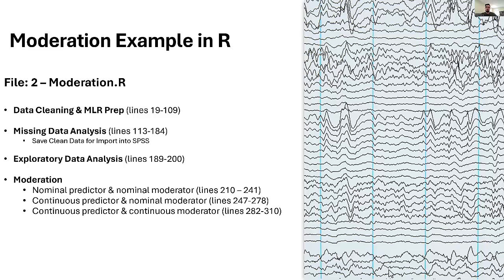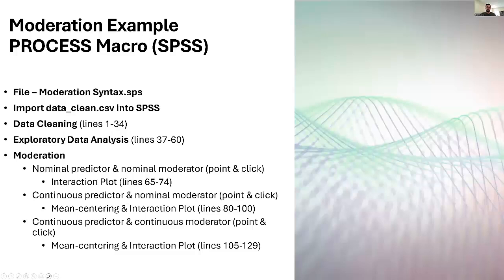The code is there for the last one, but the middle one here, continuous predictor, nominal moderator, gets kind of the trickiest to interpret. So we're going to use that example to work through plugging in and understanding what all the coefficients mean. And we're also going to do this, like I said, side by side with the SPSS syntax file called moderation syntax, and we'll go from there.